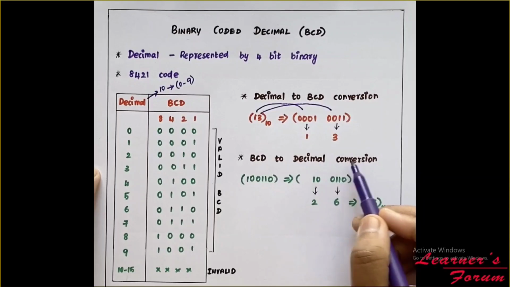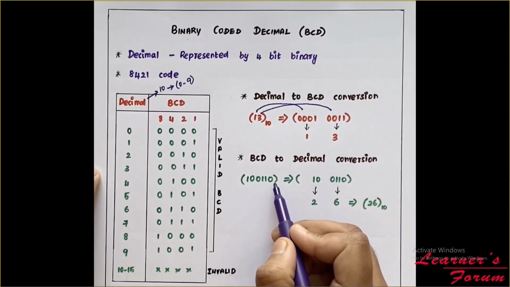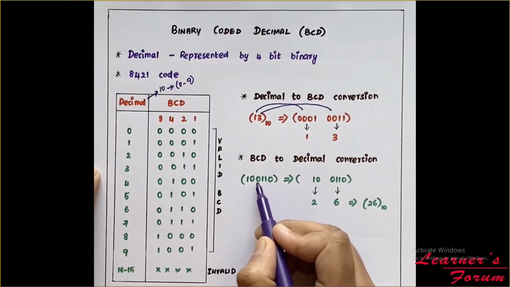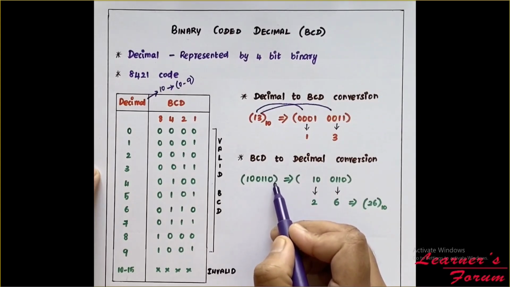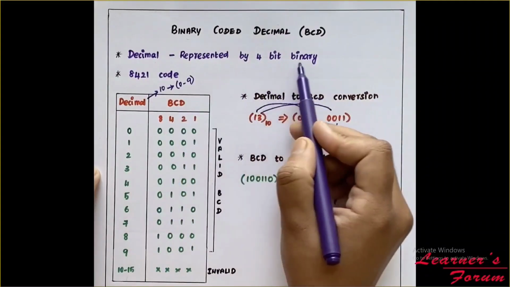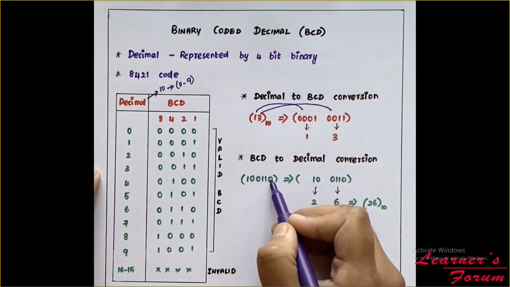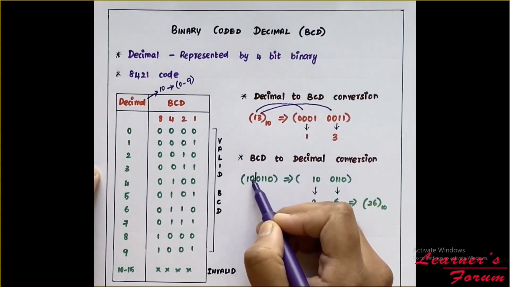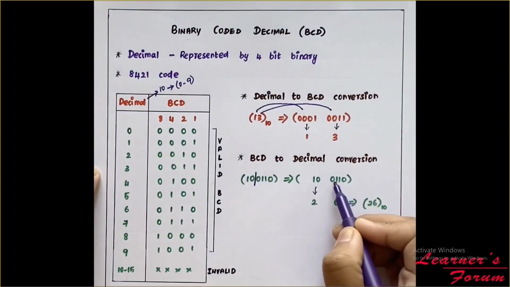Next, to convert BCD to decimal, the given example is 100110. Starting from the last bit, we have to segregate it into groups of 4 bits each. Since it is a 4-bit binary, 0110 will be the first set of 4 bits and we have only 2 bits left, which is 10.